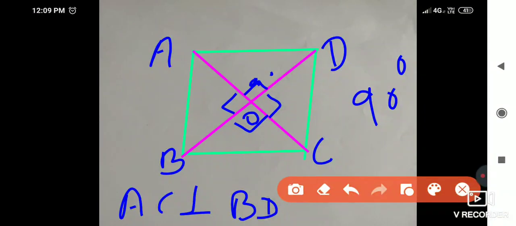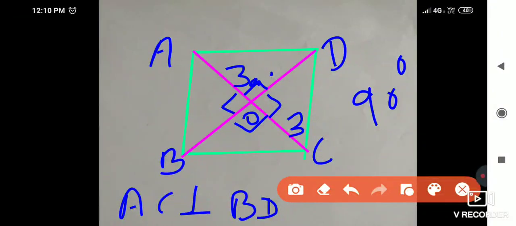One more thing is that they are bisectors. The meaning of bisector is that if the measure of AC is equal to 6 centimeters, then AO is equal to 3 centimeters and OC is equal to 3 centimeters. It divides, which means O is the midpoint of AC. It is a bisector; BD is a bisector of AC.